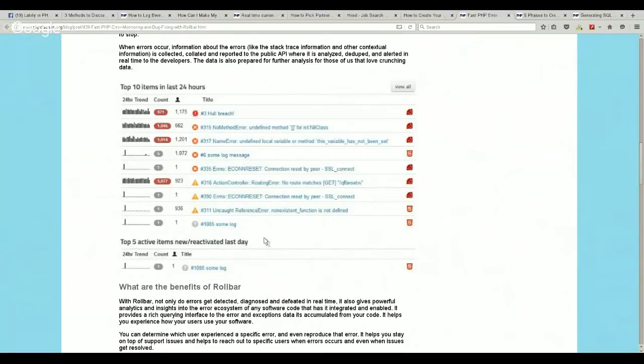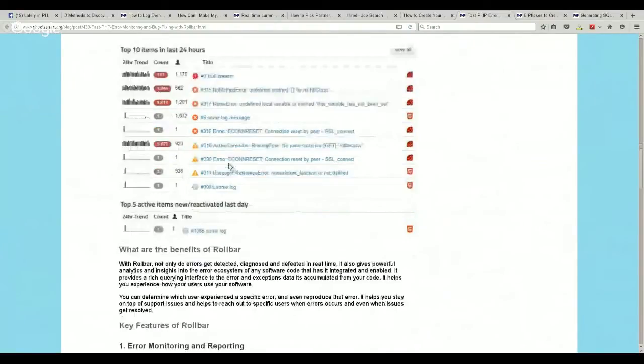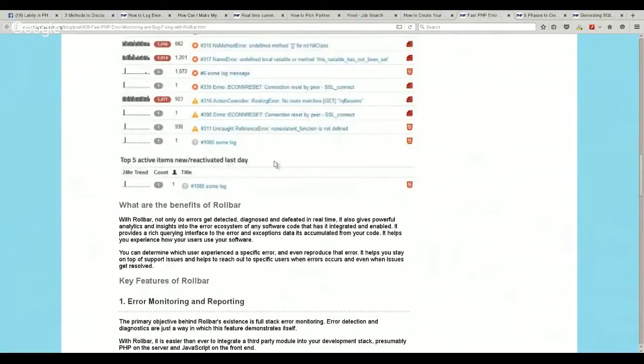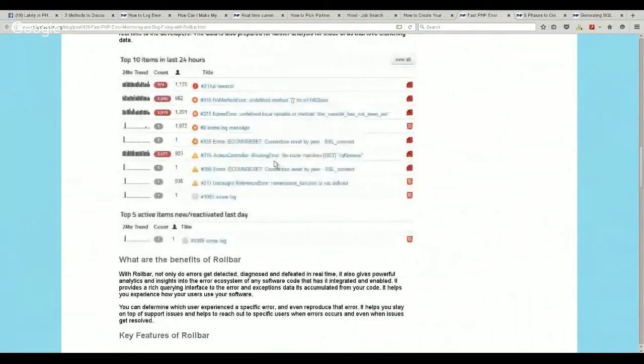Let's say that your application has many errors, and you don't know which error is more important to fix next. You can look at the reports and say, oh, this bug is happening for a long time, or is happening many more times than the others. So you can look at those reports to help you decide. And this is interesting.